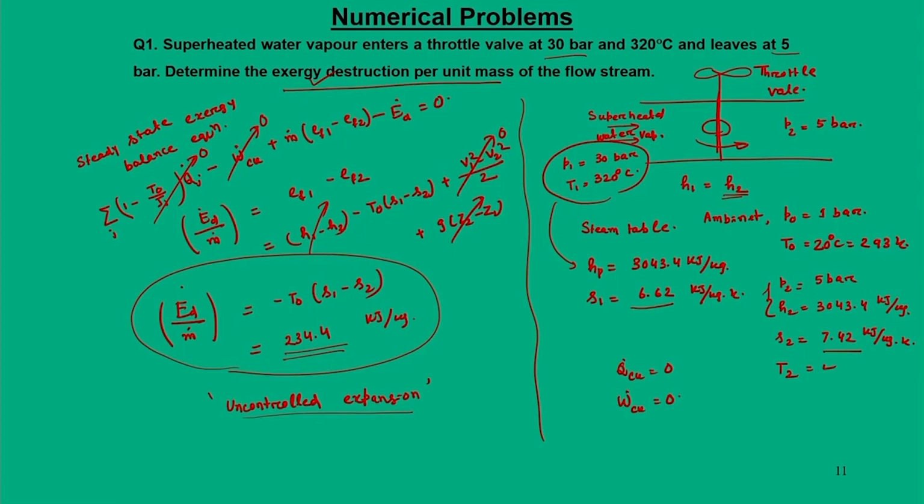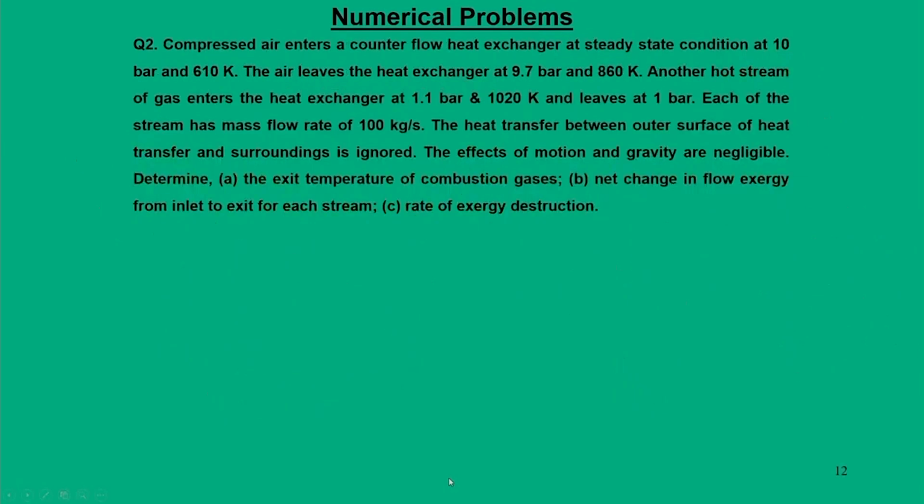Due to this uncontrolled expansion, irreversibility comes into account, but this uncontrolled expansion can be put in a controlled mode through expansion in a turbine, which may be considered an internal reversible process. Okay.